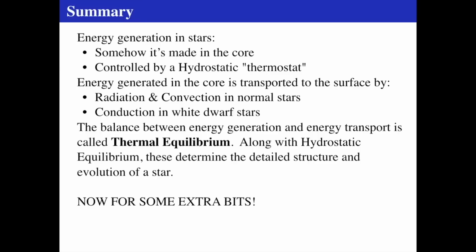Hydrostatic equilibrium means nothing's moving up or down, and it comes into balance. And so the sun is in balance, and it's been around for a very, very long time. But because energy is being emitted, the star must change. All right, so that's a summary of it, but now we're going to do some extra bits really quick, and it's not that quick, but let's look at it anyway.